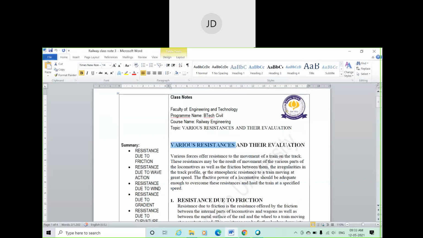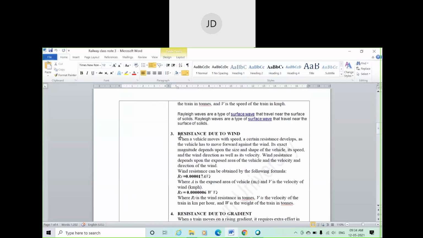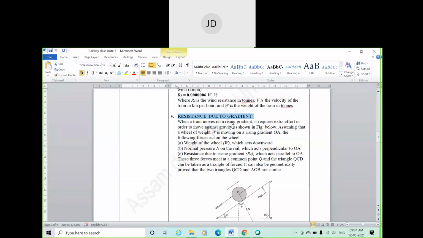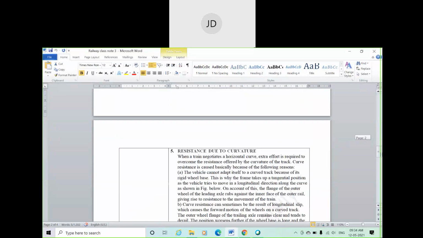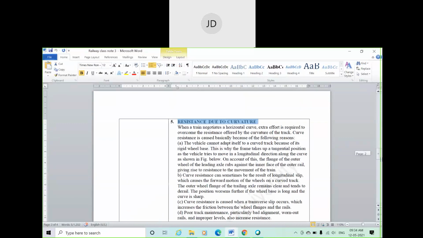So how many kinds of resistance force are there? Resistance due to friction, then resistance due to wave action, then resistance due to wind, then resistance due to gradient, then resistance due to curvature, and at the end resistance due to starting and accelerating.